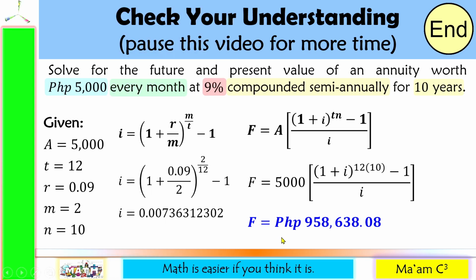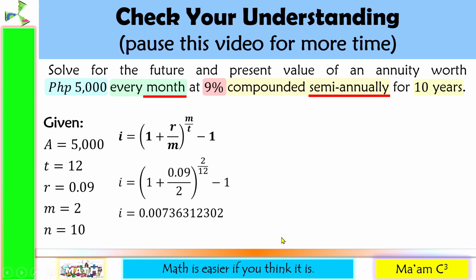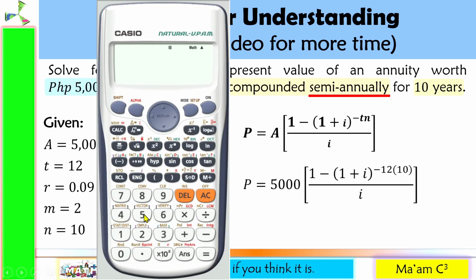Let us continue. Let us solve for the present value. This time, the formula is as follows, and let us substitute our values here. Let us compute 5,000, open parenthesis, fraction bar, 1 minus, open parenthesis, 1 plus. Our i again is stored in letter B, alpha B. Close parenthesis, exponent, negative 12 times 10.